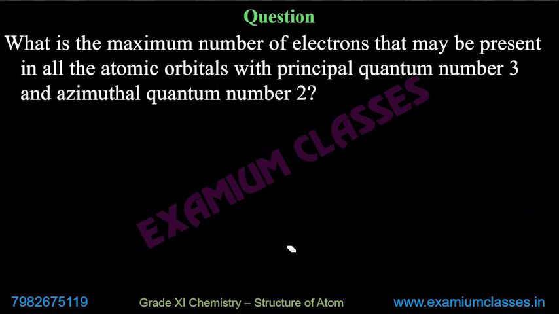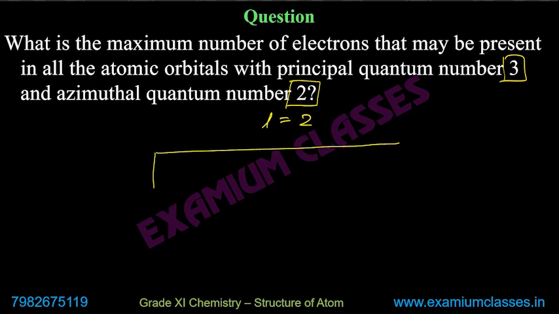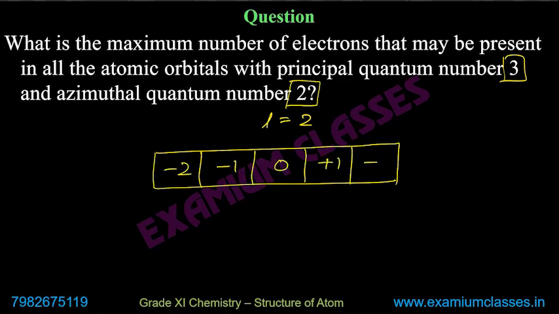Next question. What is the maximum number of electrons that may be present in all the atomic orbitals with principal quantum number 3 and azimuthal quantum number 2? N equals 3 means third shell. In the third shell, you have azimuthal quantum number L as 2. If L is 2, the orbitals will be -2, -1, 0, +1, +2.